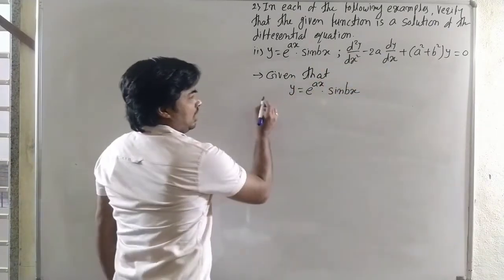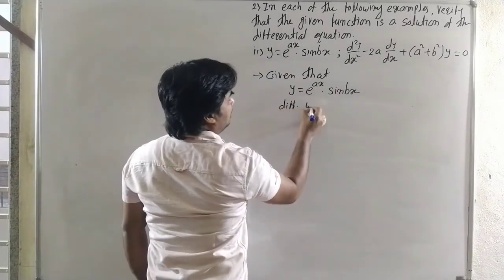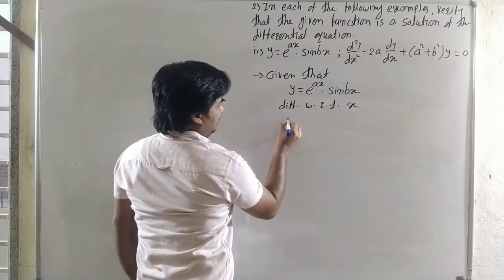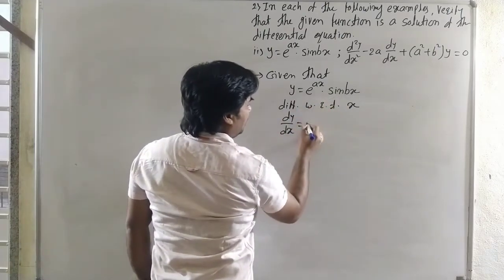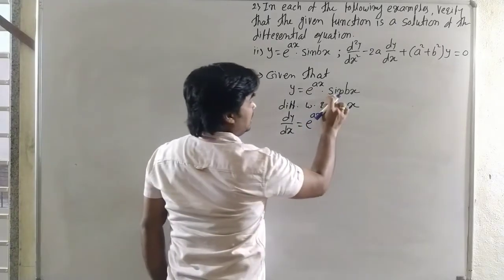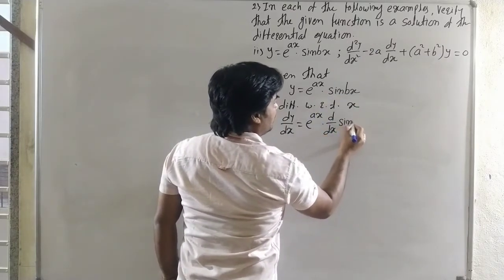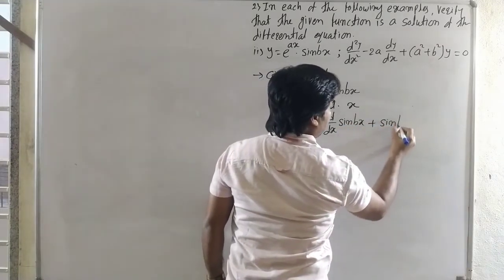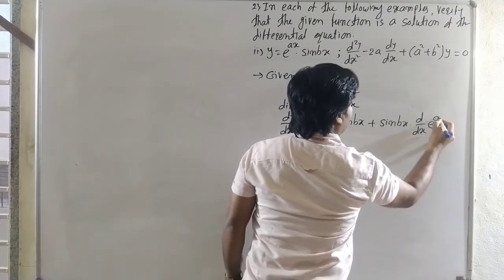Okay, now here first differentiate with respect to x. Then dy by dx is equal to, using u into v, e raised to ax, the first function as it is, into derivative of the second function, that is derivative of sin bx, plus the second function as it is into derivative of the first function, that is e raised to ax.